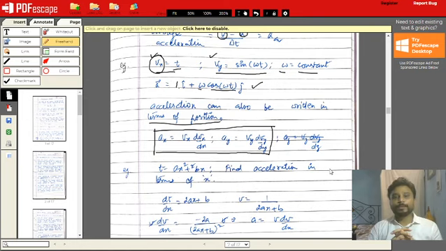We differentiate the velocity with respect to x as is given in this expression, and then we multiply the velocity with the differentiated part, and we get the acceleration in terms of x. So this is vx dvx by dx, which would be the acceleration in the x direction, and this is vy dvy by dy, which would be the acceleration in the y direction.